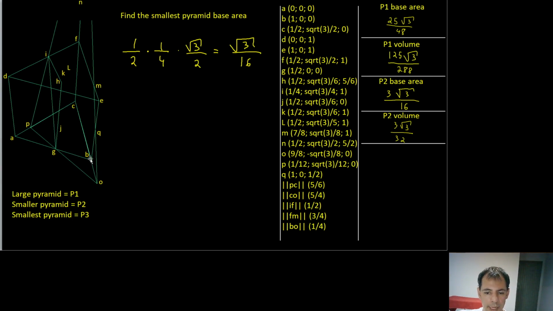So one edge of the base of this pyramid is going to be BO. Okay, not one side, one edge. And another edge of the base of this small pyramid is going to be BG. So you're just going to multiply these two lengths times the sine of 120. Why is it 120? Because, how can I show this to you guys?